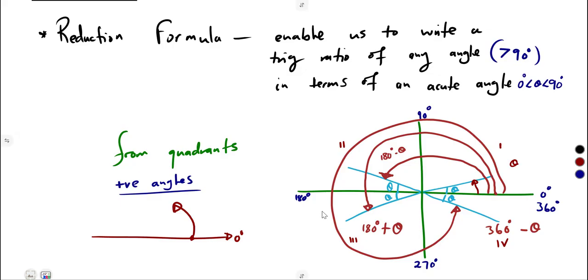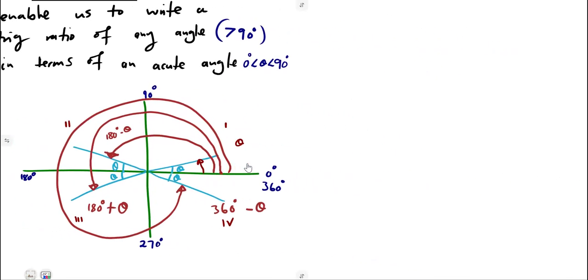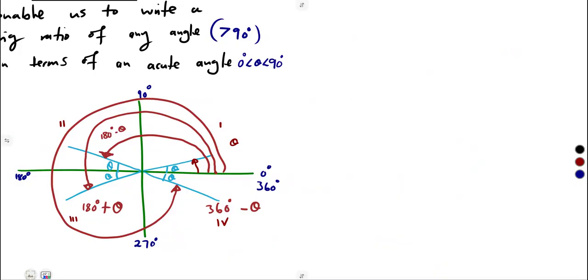So guys, I'm going to show you the part of your reduction concept, but for now, I just want you to know that as we refer to the positive angles from 0 to 360, these are the angles: in the first quadrant, theta, second 180 minus theta, the third 180 plus theta, the fourth one 360 degrees minus theta, and that is opposed when we are dealing with the negative angles.